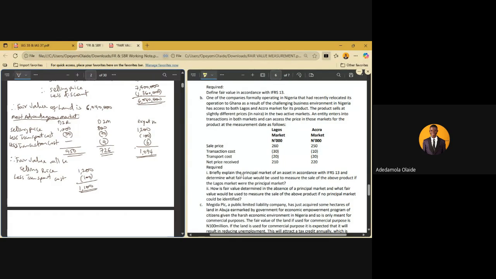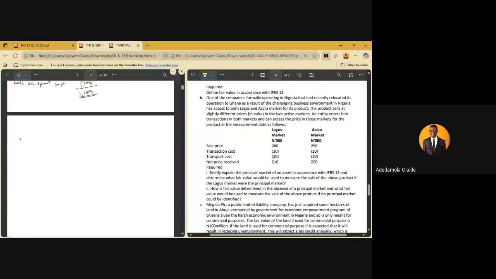And we have to determine what fair value will be used to measure the sale of the above product if Lagos market were the principal market. If Lagos market is the principal market, then fair value will be what?